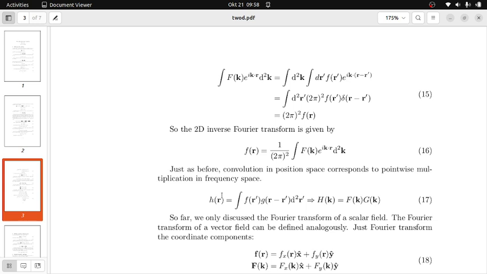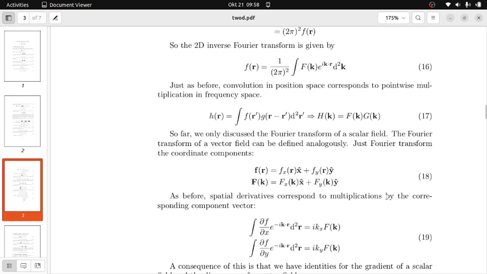You break it up into two one-dimensional integrals, and then we'll have that the Fourier transform of the convolution is just the product of the Fourier transforms of each of the functions, right? So far we only discussed the Fourier transform of a scalar field, which is a function from R2 to R, where R denotes the real line.